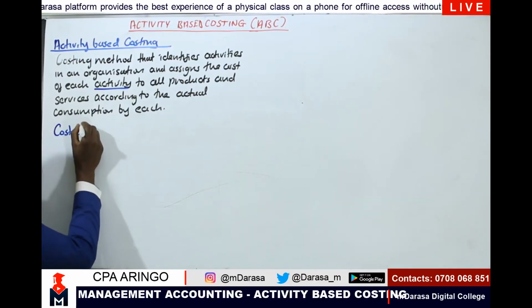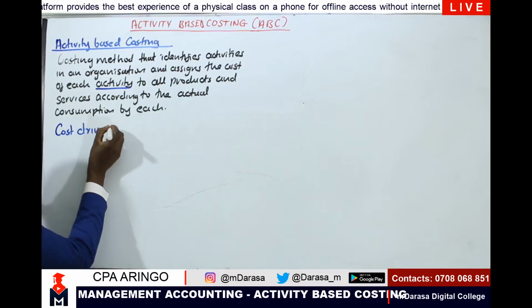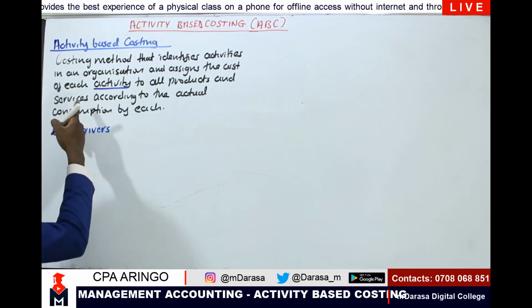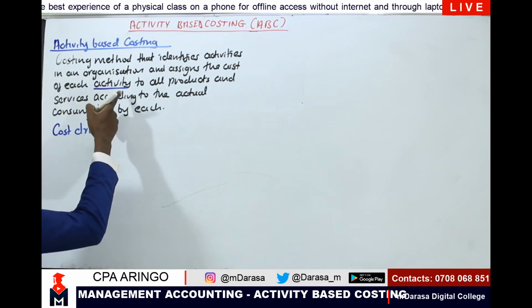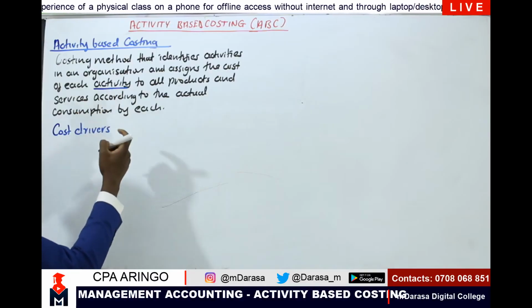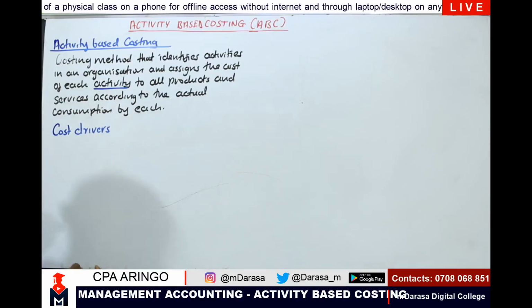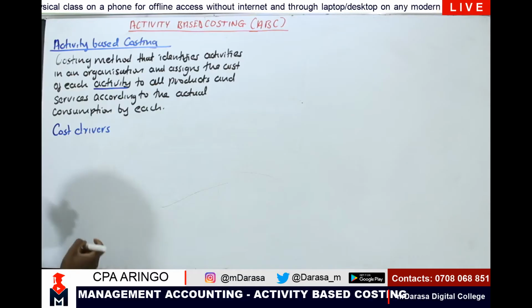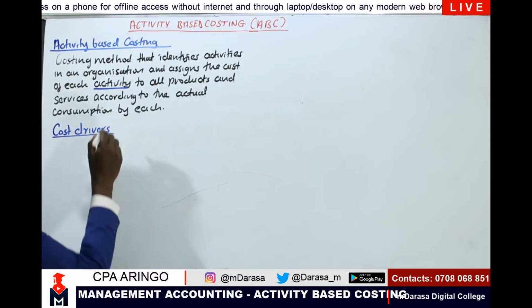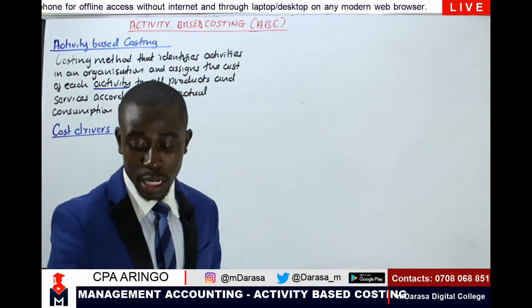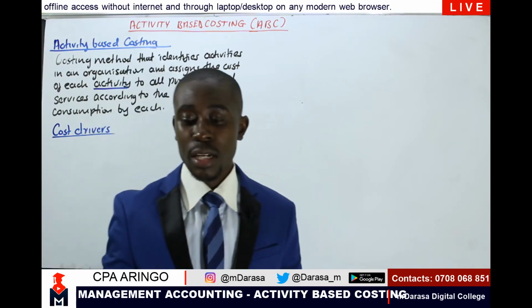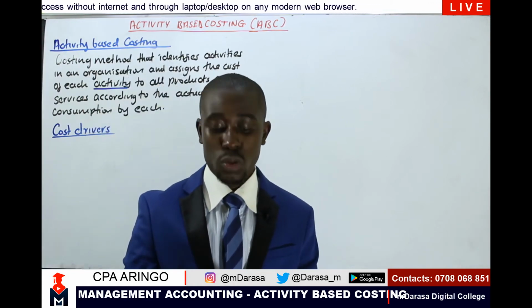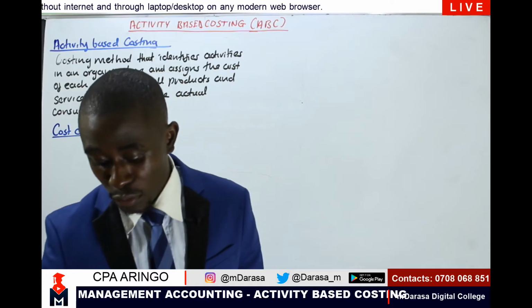So remember at this point we say that I need to identify and assign the cost of each activity to all the products and services according to the actual consumption. So the basis of identifying these activities, we are looking at what is known as cost drivers.